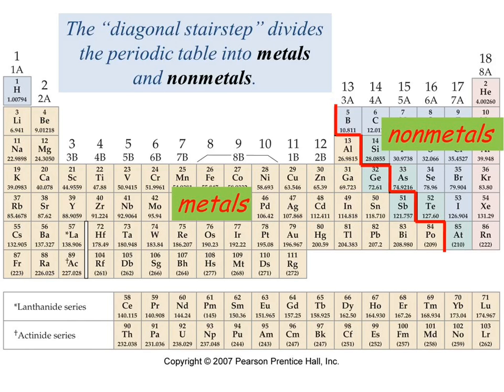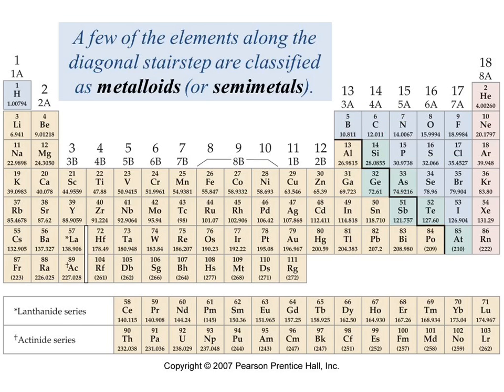Yeah, oxygen's a non-metal. You'll always have a periodic table handy. You never have too many periodic tables. So look for the jag, and oxygen is a non-metal. And it has consequences. Like Cameron said, the elements along the stair step are metalloids, sometimes called semi-metals.